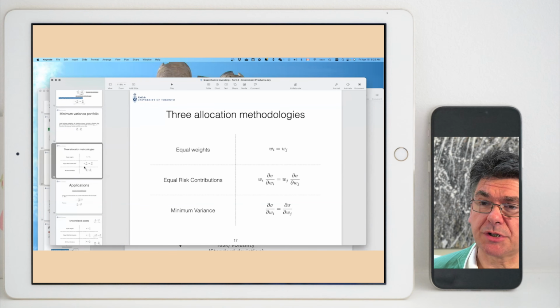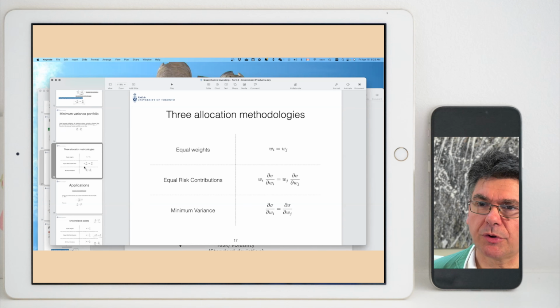But let me ask you a question before we go on to make sure that we all understand what we're doing. Let's say that I give each of you $1 million, and I need you to construct for me three investment portfolios for each of the three methodologies we have here. How much goes into the Hang Seng Index, how much into the S&P, how much into the HFR.